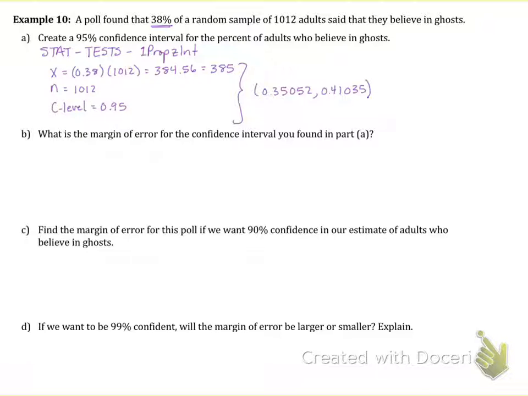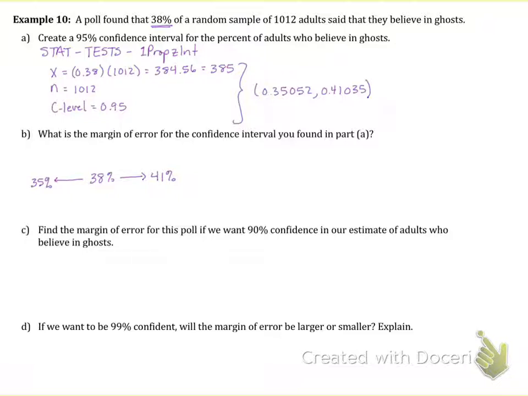So when you write a confidence interval, the sample proportion that you found, that 38%, is right in the middle. And then this is going out to the upper bound of the confidence interval, which is 41%, and then to the lower bound of the confidence interval, which is 35%.